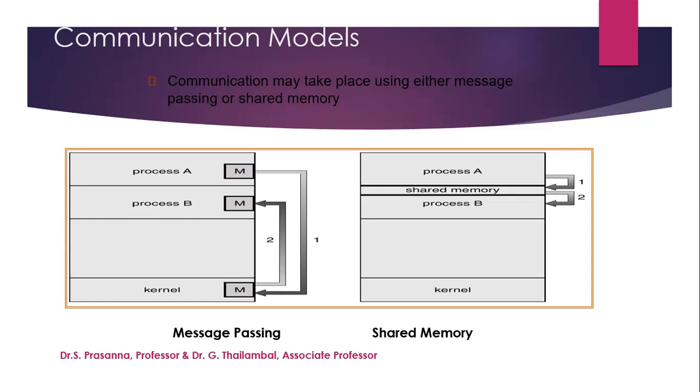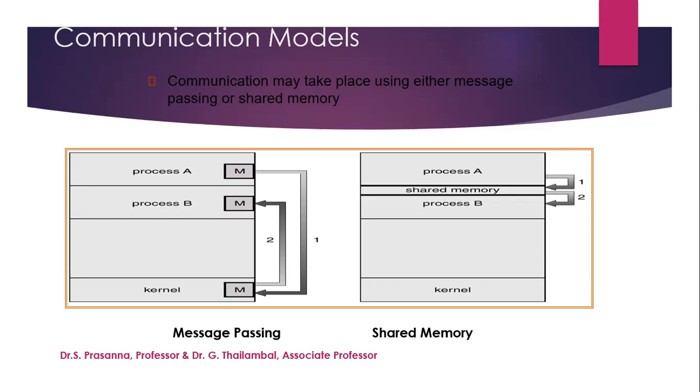M is the message passed from process A. M will be loaded inside the kernel, and process B gets back the M, the data M, or it could be an address for a register. Whatever it is, M will be taken from the kernel to process B for further execution. This is how communication takes place as message passing.